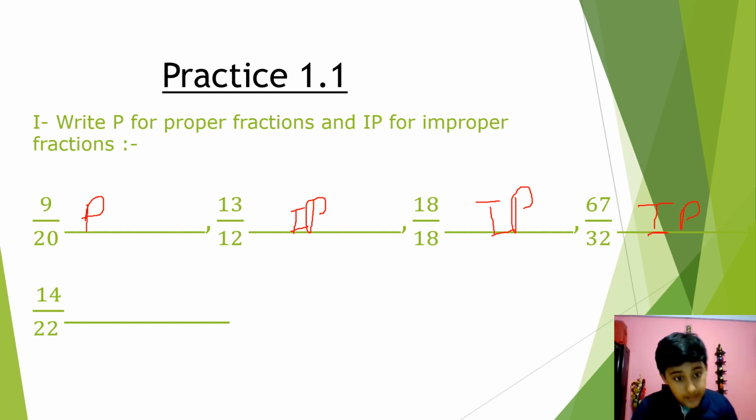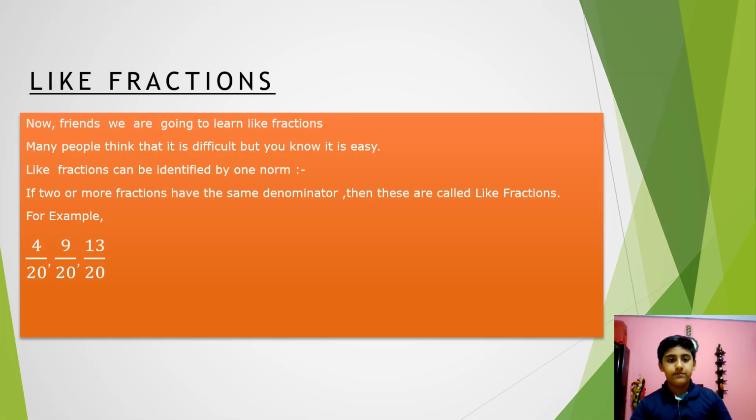The numerator 14 is less than the denominator 22. So we write P for proper. So we can understand what proper fractions are. Now we can also understand what improper and mixed fractions are.